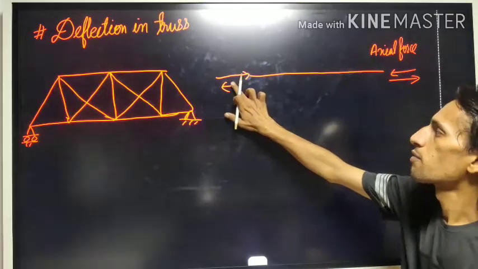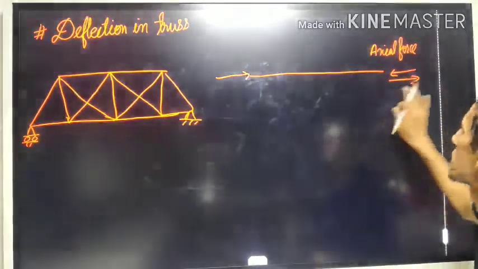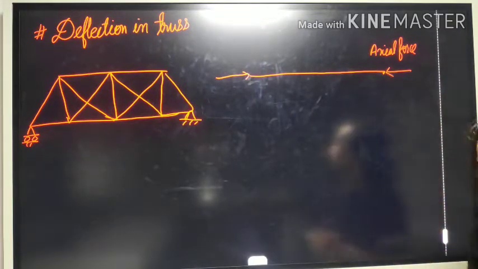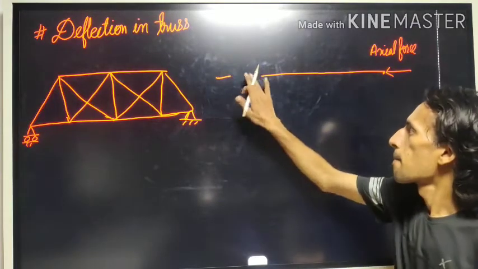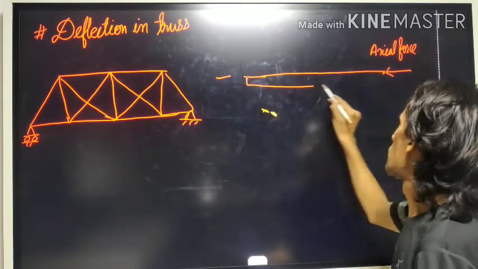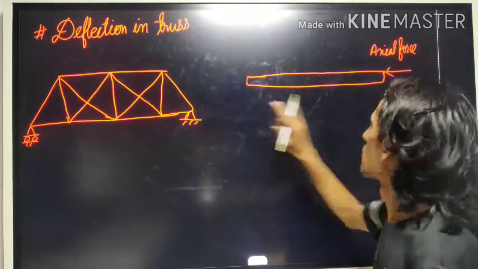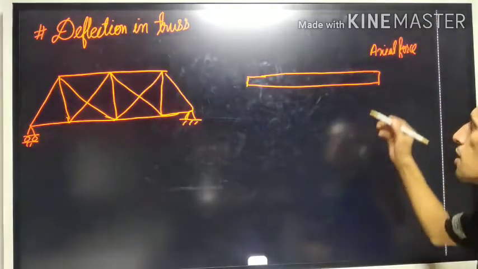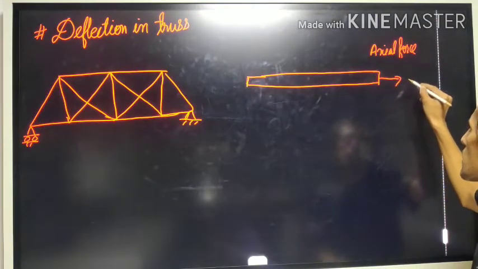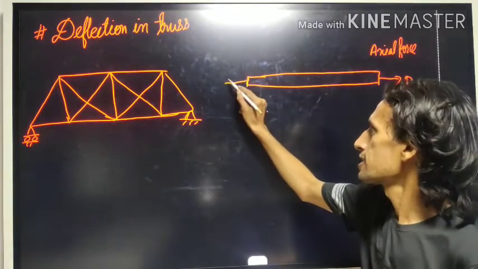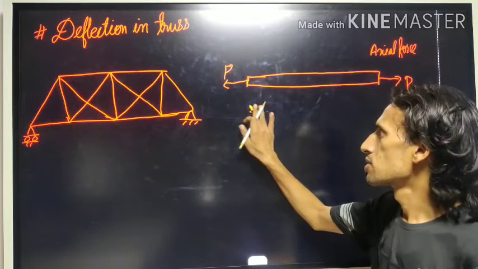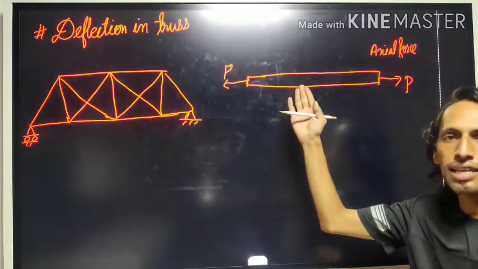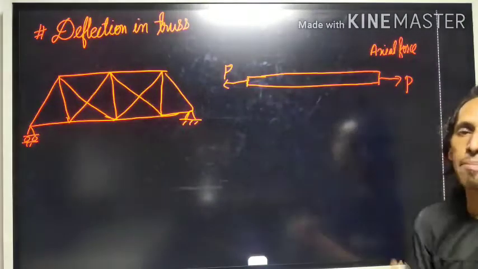Let us say this member is under tension and the tension force is P. So this is some force P which has a tensile nature for this member.